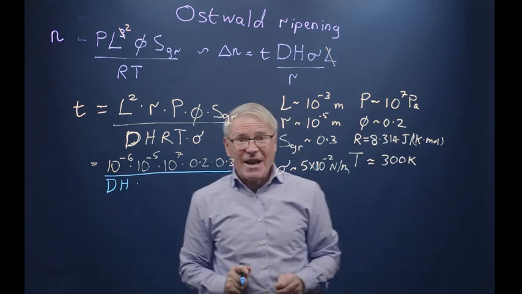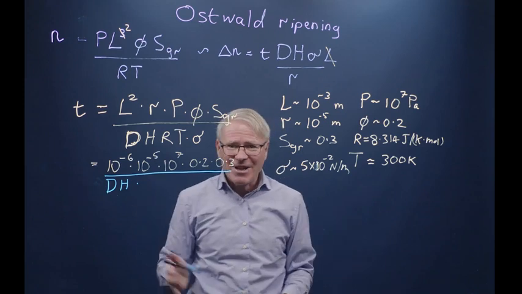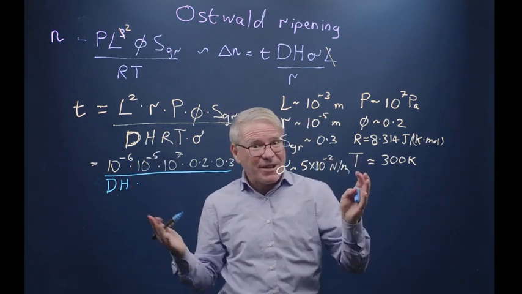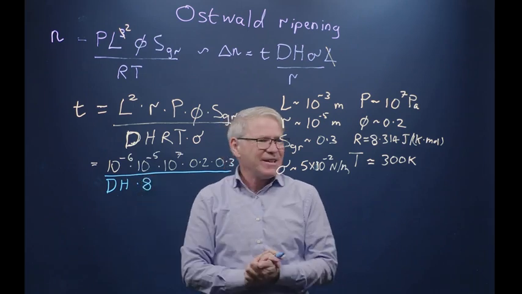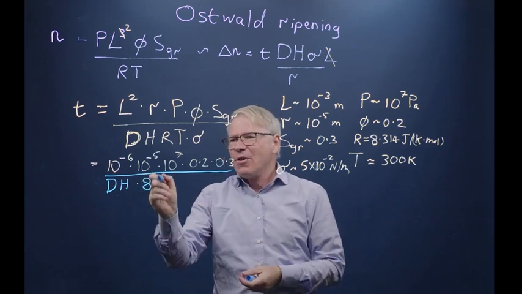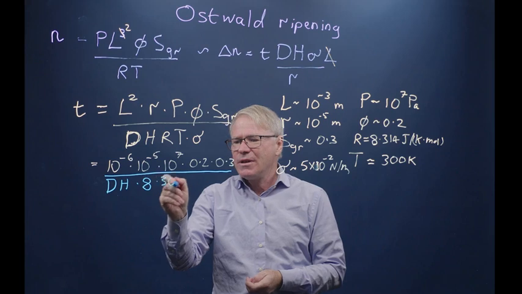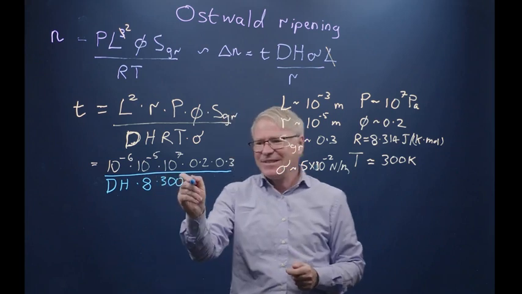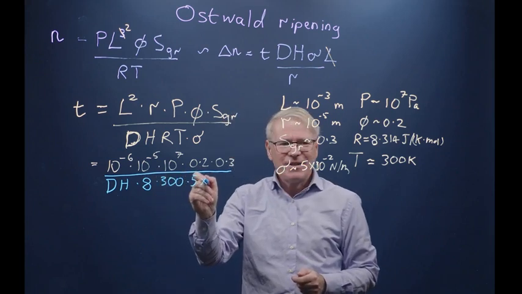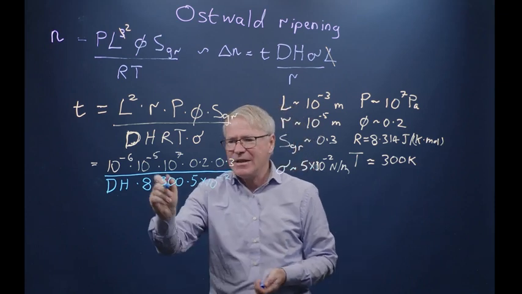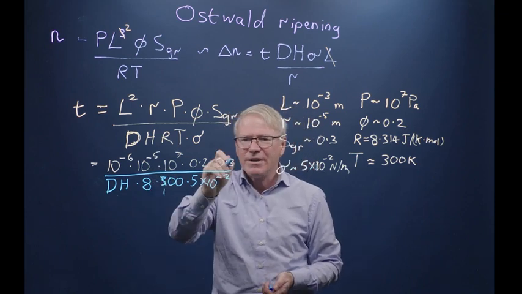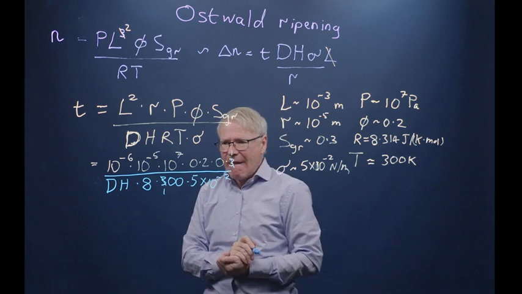R, I'm not going to write 8.314. I'm not going to do this with a calculator. You can do that at home, but everything else is fairly hand-waving, literally. So let's just call that 8. Okay. We've got T is 300. And the sigma, yeah, we shouldn't leave it out, 5 times 10 to the minus 2. So let's see what we've got here. This becomes a 1. This becomes a 0.1.